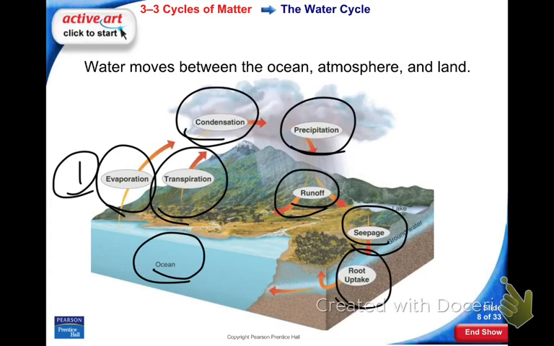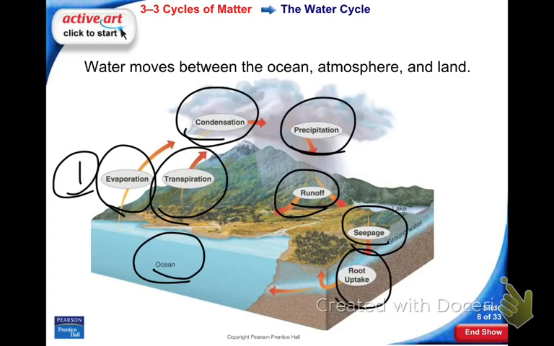Now, transpiration is probably the one that you don't know. Transpiration is almost like evaporation through a plant. On a humid day, have you ever been standing underneath a tree and all of a sudden you get drops of water on you? That's not rain, it's not a bird peeing on you, right?